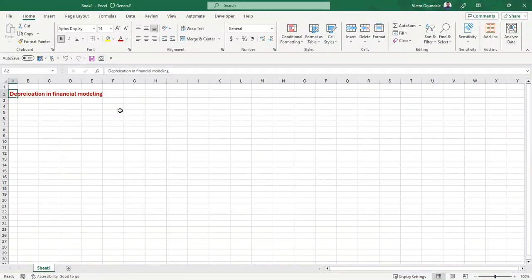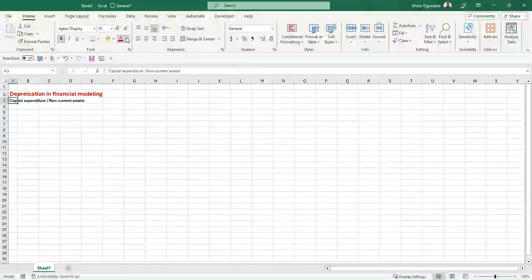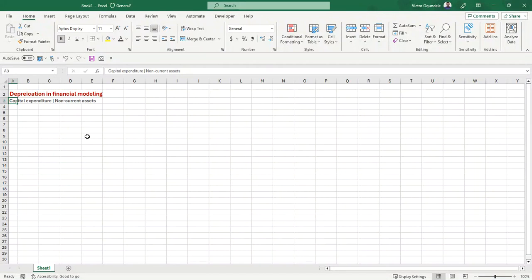Now, let's take a look at it, because there's no way we'll discuss depreciation without discussing something we call capital expenditure, or our typical non-current assets. How do we treat this whenever we are building our models? How do we also make this realistic?